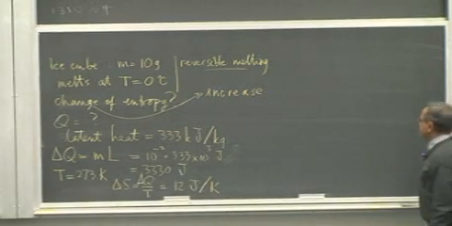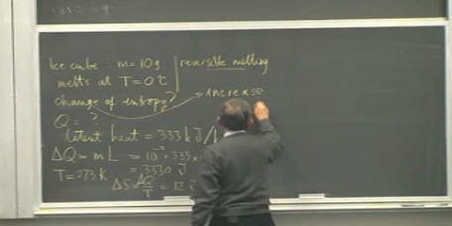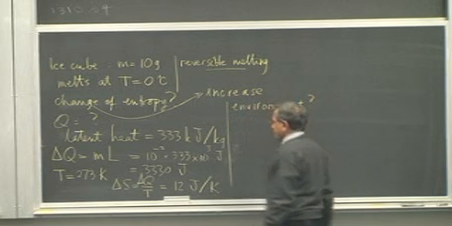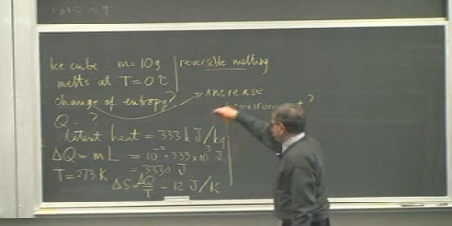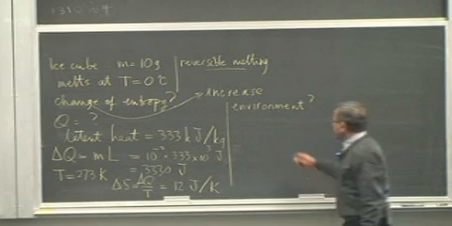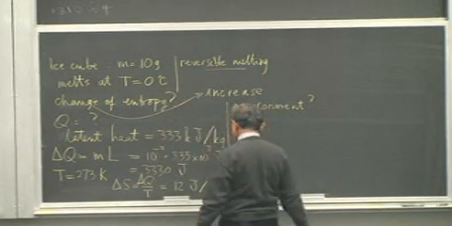And what happens to the environment around it? Environment means that there is a heat bath which gave heat to the ice cube for this melting, and this heat that came in was exactly the same amount.